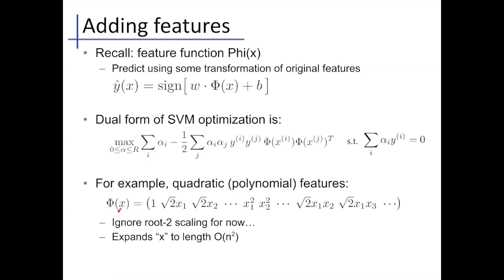Given x, I will calculate a constant term, the linear terms, the original terms x1, x2, and then the quadratic terms x1 squared, x2 squared, and maybe the interaction between two features, x1 times x2, x1 times x3, and so on. So now you introduce a lot of higher order terms into the features. Suppose I collectively call these the augmented features.